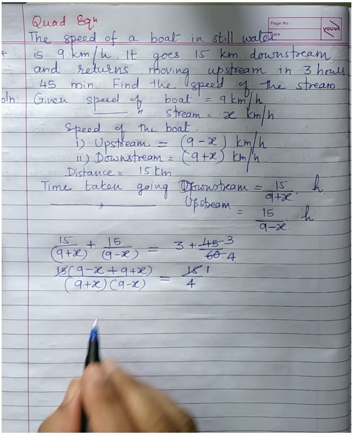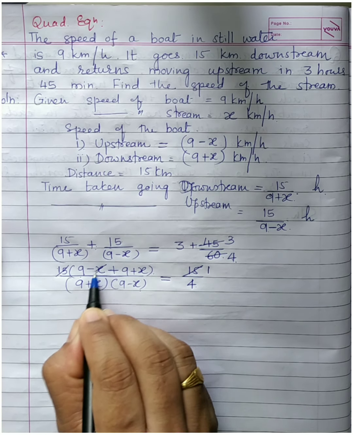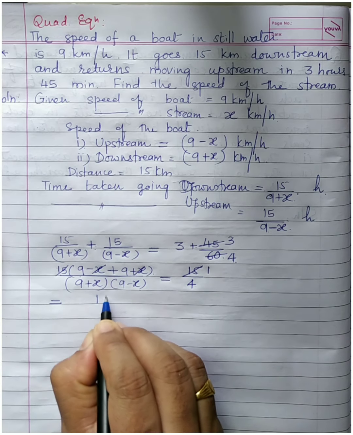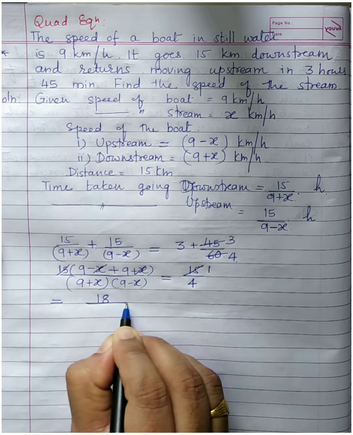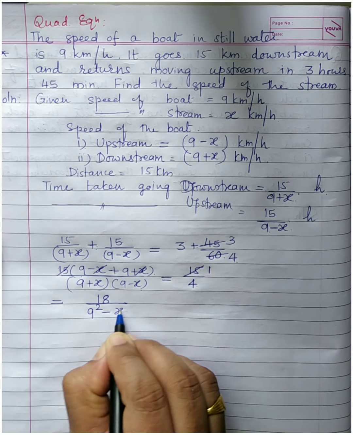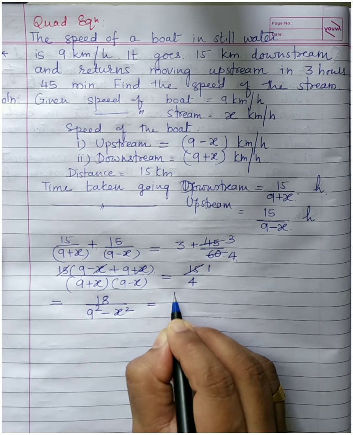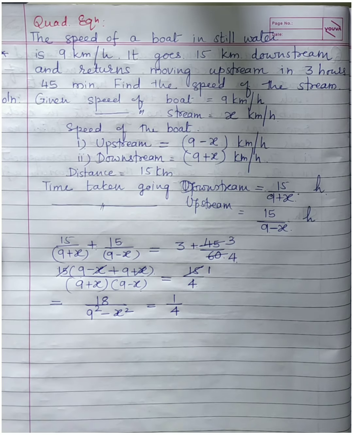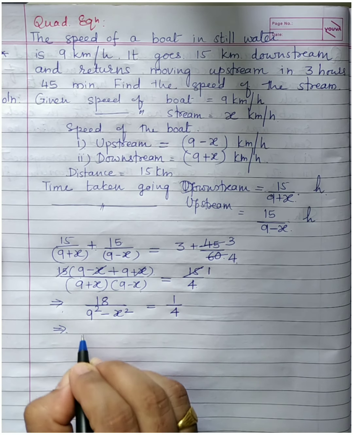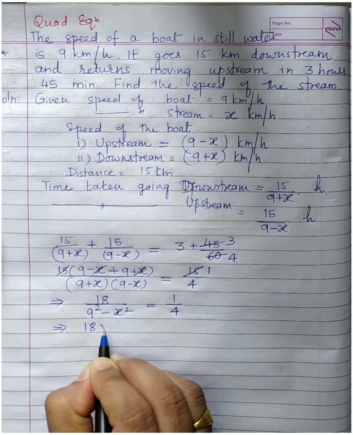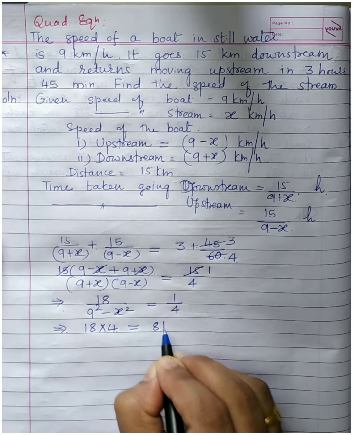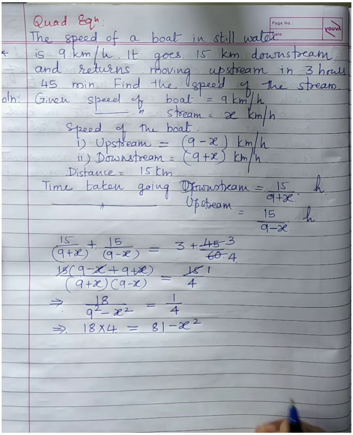Okay, a little shortcut I am using. Then again minus x plus x also gets cancelled, right? 9 plus 9, 18 upon, this is the (a plus b)(a minus b) pattern. So 9 square minus x square equals 1 upon 4. Go for cross multiplication again. This is 18 into 4, right, is equal to 9 square, 81 minus x square.